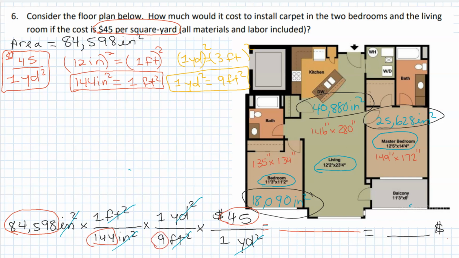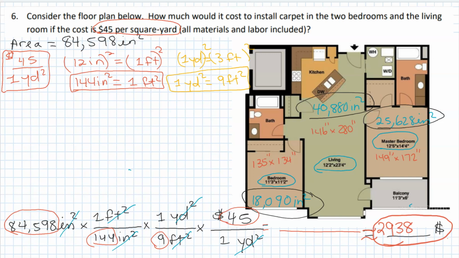And don't forget, you are going to put all of that in parentheses so that the calculator divides by 144 times 9, not just divided by 144 and then multiplied by 9, if you don't put the parentheses around it. So I have roughly 2,938 dollars if we were to make that calculation.